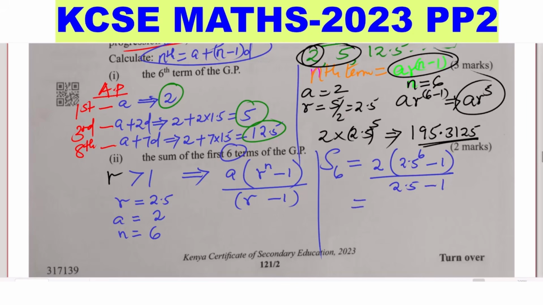So let us work out the numerator. 2 multiplied by 2.5 raised to power 6 minus 1 will give 486.28125. That is the numerator. Then the denominator, 2.5 minus 1 is 1.5. And when you divide these, you will get 324.1875. So that is the sum of the first 6 terms of the GP.